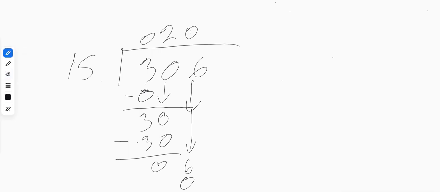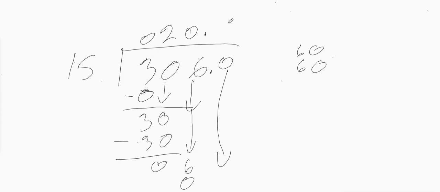But if the teacher asked you for an exact answer for this particular problem, the next thing you would do is put a decimal here, put a decimal here, add a 0, bring down the 0, and then you would have 60. 15 goes into 60 4 times, because 15 times 4 equals 60.